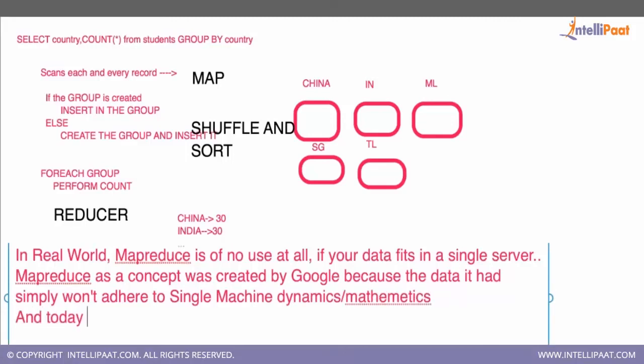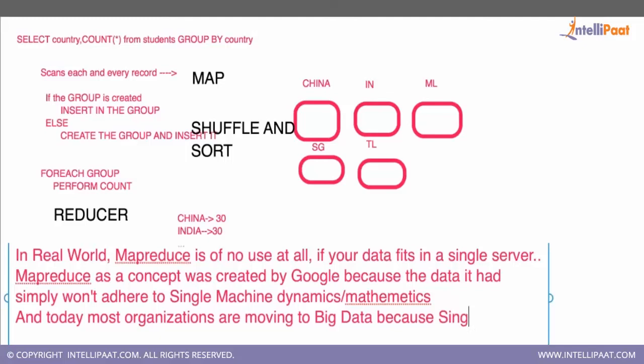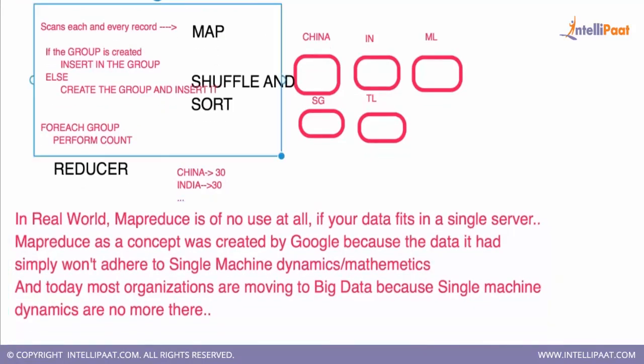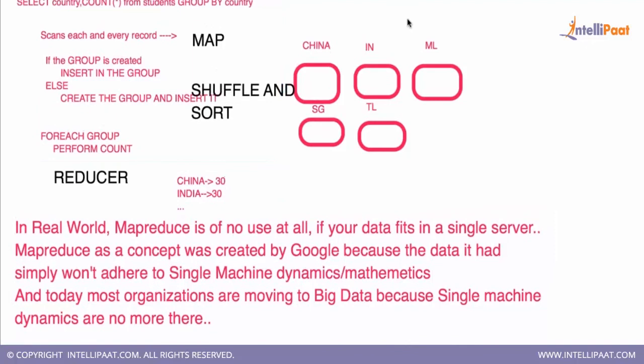And today, most organizations are moving to big data because single machine dynamics are no more there. So what I'm trying to really say is that MapReduce as a concept, there is nothing new at all.